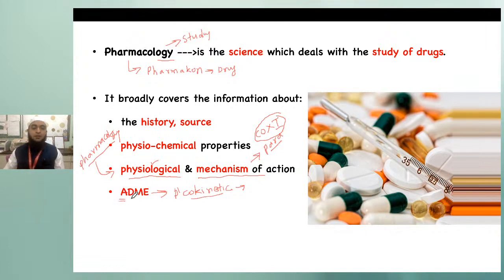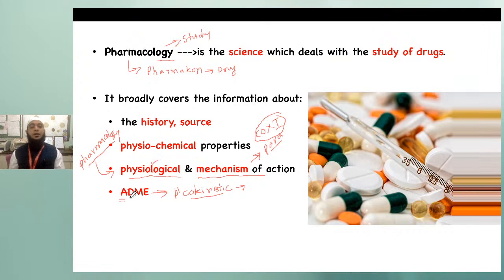Okay, so when the drug is absorbed into your blood circulation, now the next process is distribution. So what happens in case of the blood? We have seen that the blood doesn't remain at one place. It keeps on moving, it keeps on circulating throughout the body. So during this process of circulation of the blood, the drug is distributed to different parts.